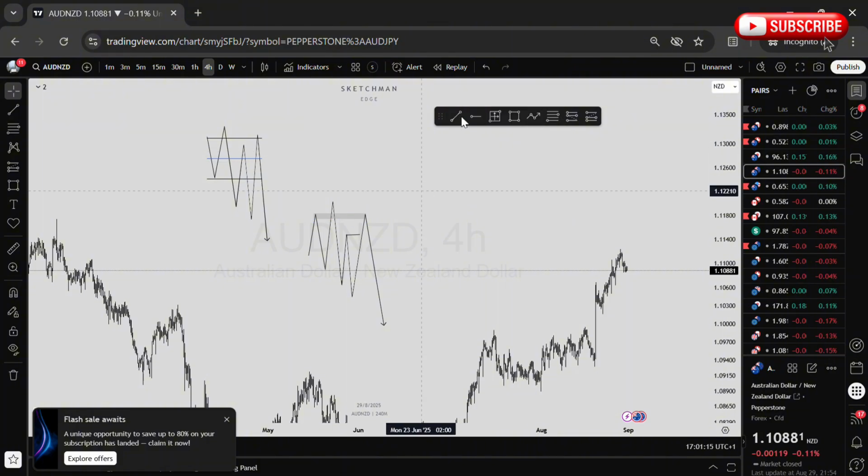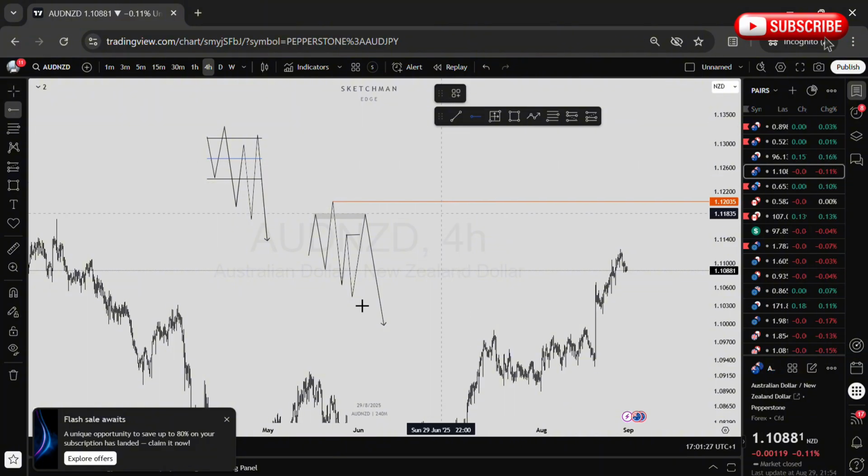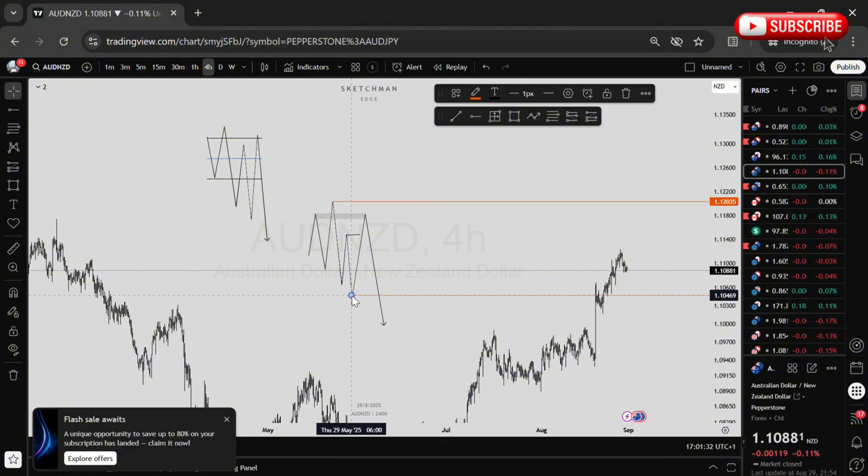So, and this right here, your protected high, that's basically where the stop loss is going to be. And this right here, basically the sell side liquidity, am I right?